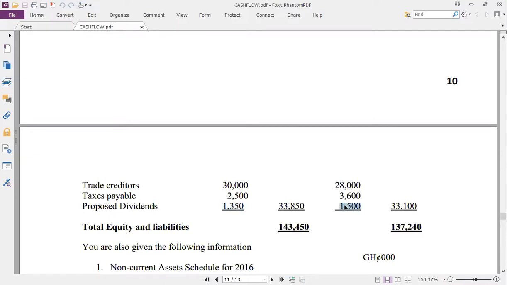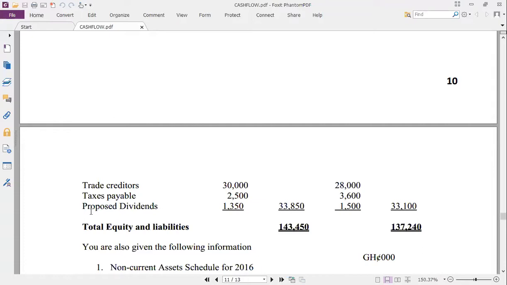So anytime you're looking for something paid, don't forget the three-step approach. The open balance of that item, add the movement of that item. Usually it's in the profit and loss. If not, they'll give it in the footnote. Less the closing balance. You get paid. That's all. So if there's no proposed dividend in the financial position, then the examiner will mention dividend paid to you.